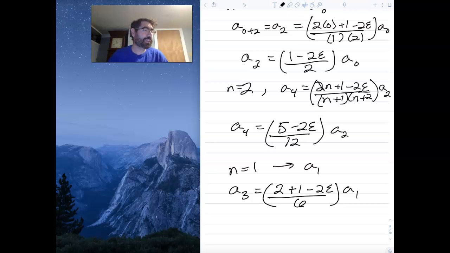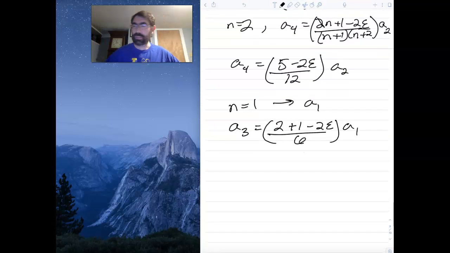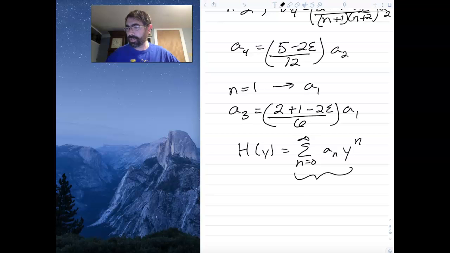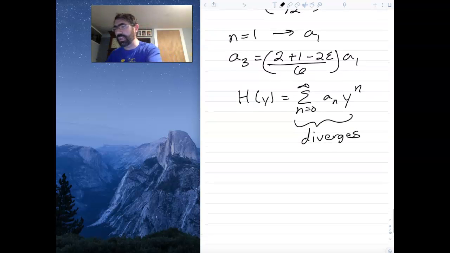If I don't have the numerator equal 0, when I plug these a's back in, this right here diverges. So I have to stop that polynomial from diverging, and in order to truncate the divergence, I can essentially find a place where the numerator is equal to 0, and then it stops.